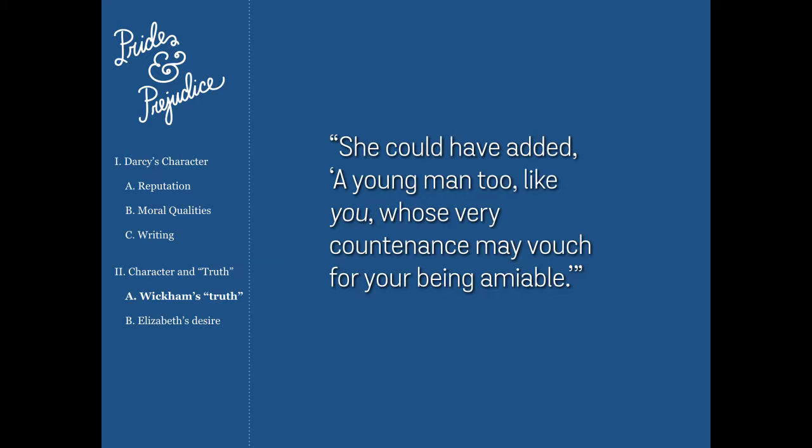That last word is carefully chosen. The OED reminds us that although its first meaning may be friendly, amicable, kind, a second meaning, no longer current today, lurks in the immediate background. When Elizabeth says this about Wickham, she also means worthy to be loved, lovable, lovely.